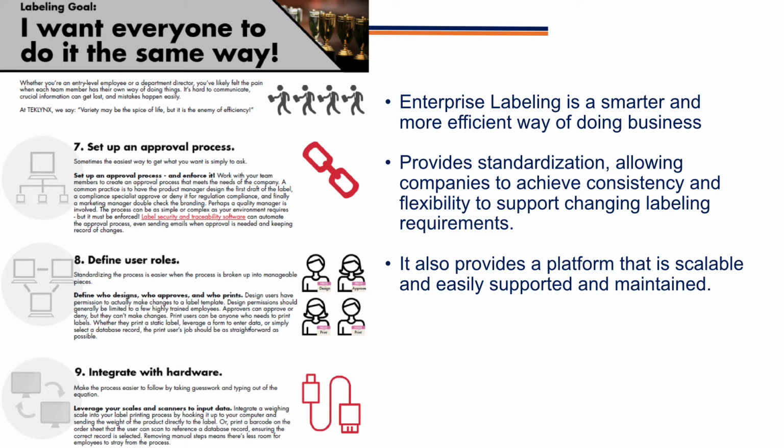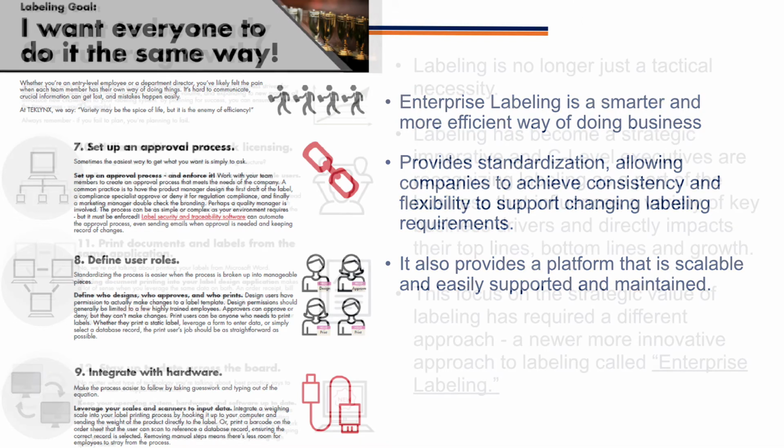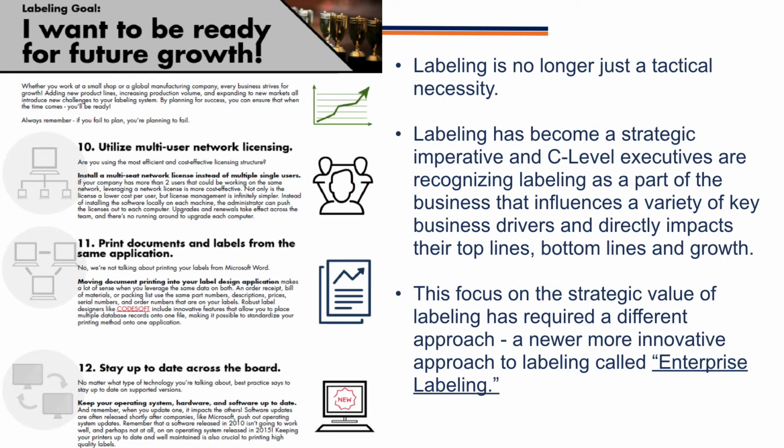When everything is consistent throughout your organization from the labeling side, the supply chain then picks up, and they're more efficient, and they're more accurate, and they're more connected. So everyone is doing it the same way, everyone's rowing in the same direction, everyone's speaking the same language, everyone's using the same formats. And it's all desktop driven.